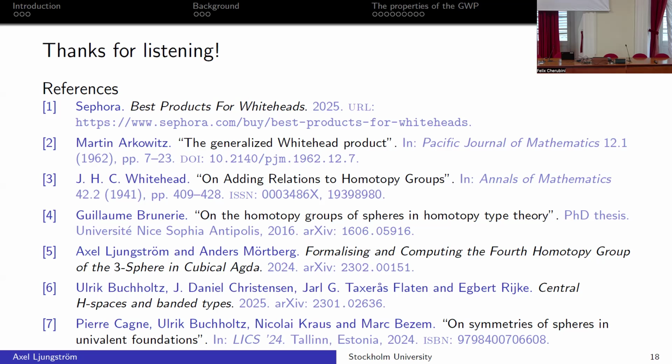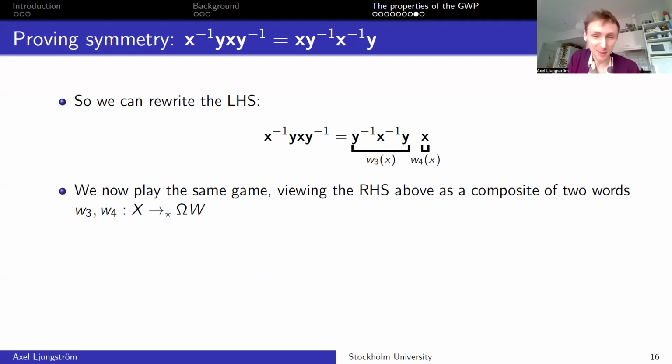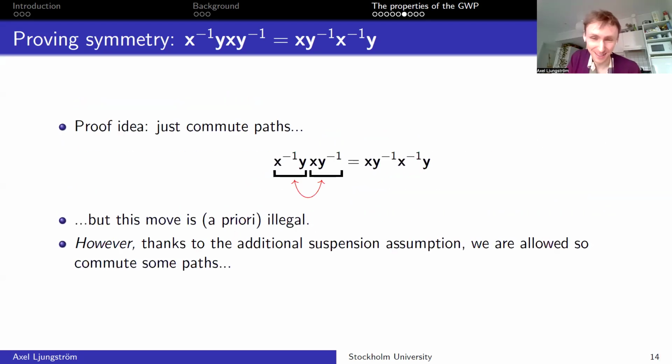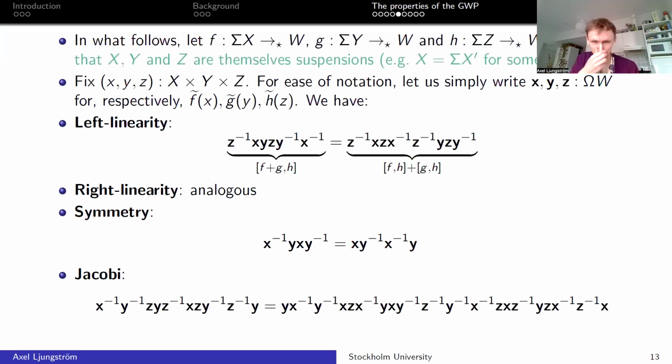Yes, and that's what really made me doubt maths for a while. Before I accepted the suspension assumption, I came up with some counterexamples, and I thought I had broken maths. So it's really important not just that it's a suspension, but it's a suspension of a pointed type.